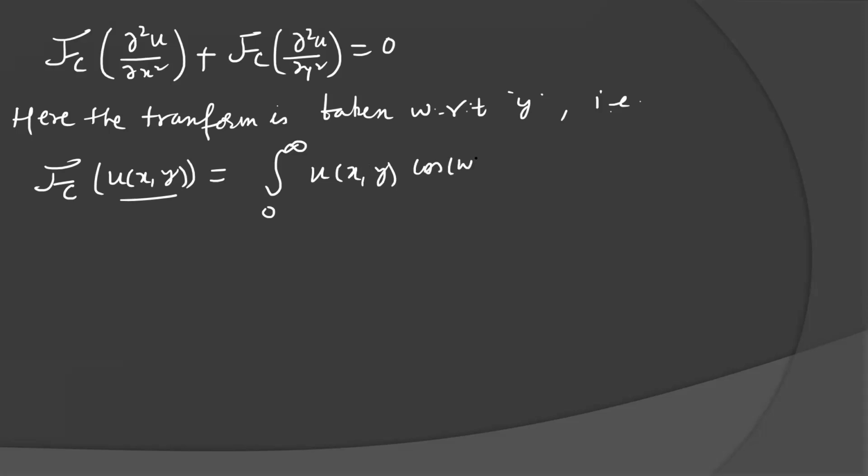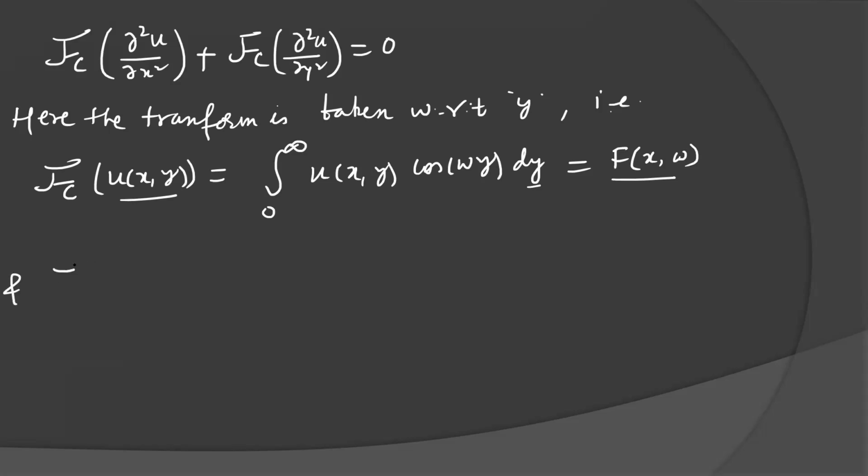The Fourier cosine transformation of u(x,y) with respect to y is the integral from 0 to infinity of u(x,y) cos omega y dy. Call it f; x is treated as constant here. I am supposing this is F(x, omega), the Fourier cosine transformation of u(x,y) with respect to y.